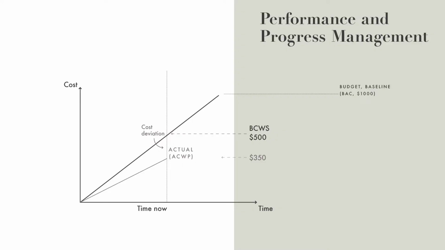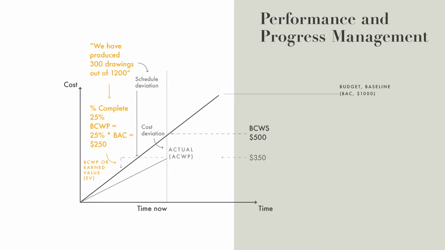Okay, now we have a kind of a cost deviation, but what we were missing is the actual percent complete. And if we have a very simple project of producing 1,200 drawings, and we have produced so far 300 of them, then we have a percent complete 25%. 25% out of this budget at completion is 250.